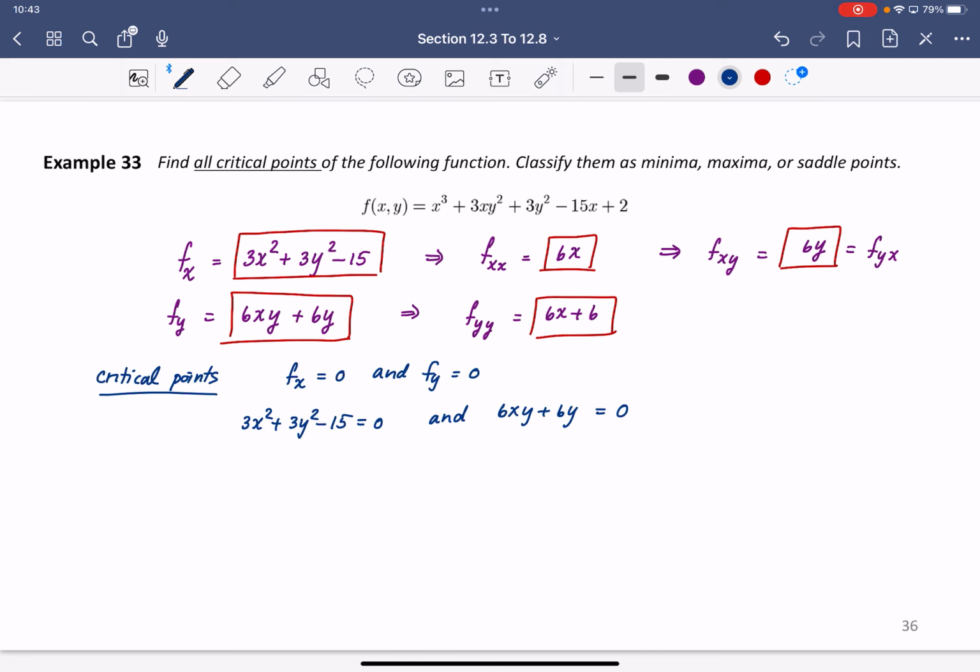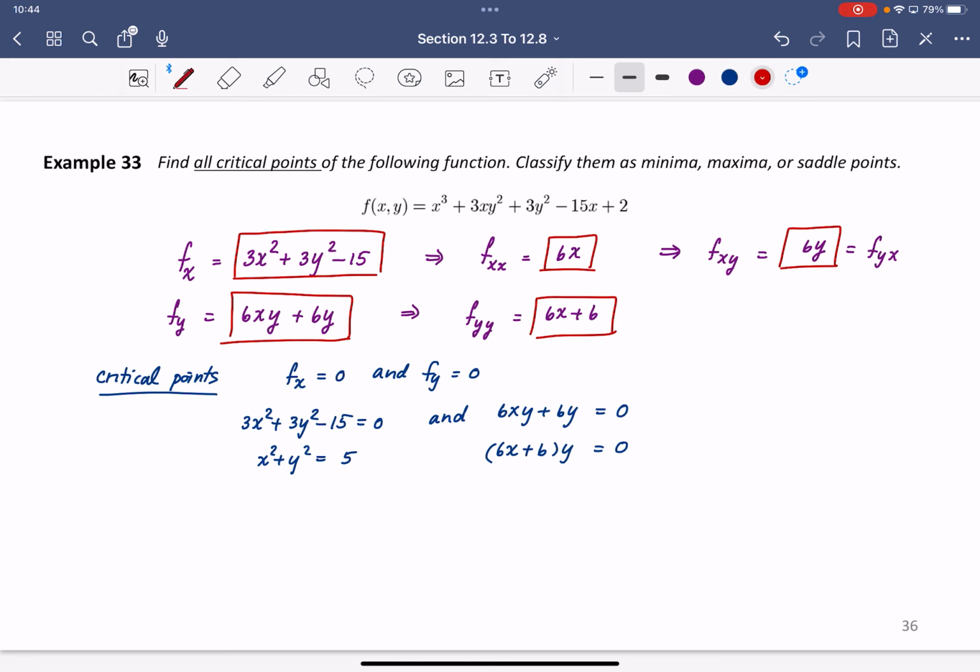How do you solve for x and y here? So first of all, this equation is going to be 6x plus 6 times y equal to 0, right? This equation is going to be x squared plus y squared equal to 5. I'm going too fast. I simplify the left hand side, moving 15 to the right hand side, so you get x squared plus y squared equal to 5, because I divided everything by 3 as well. And on the right hand side, I factor out y here.